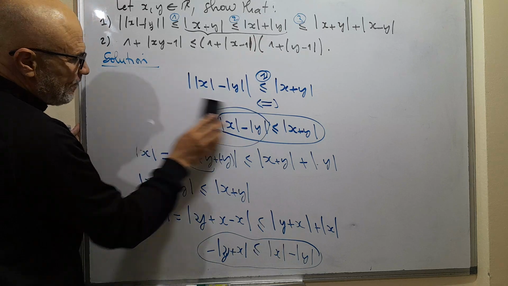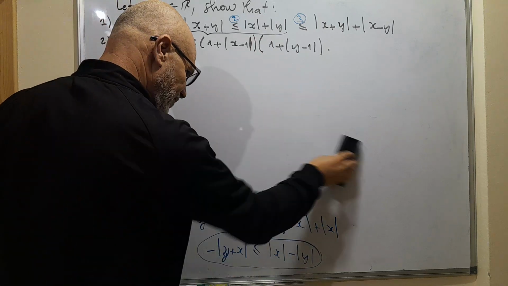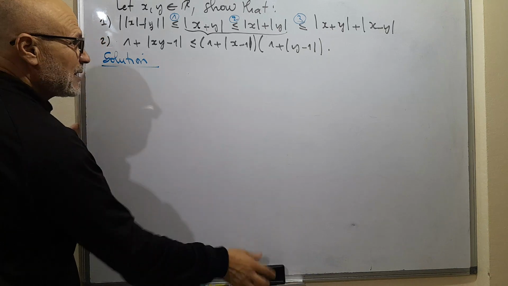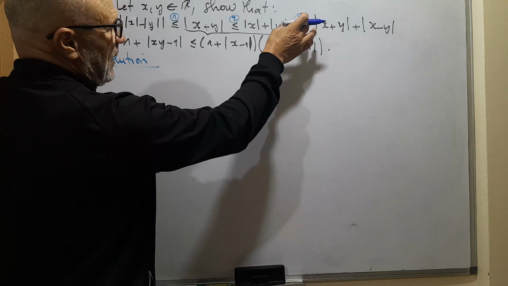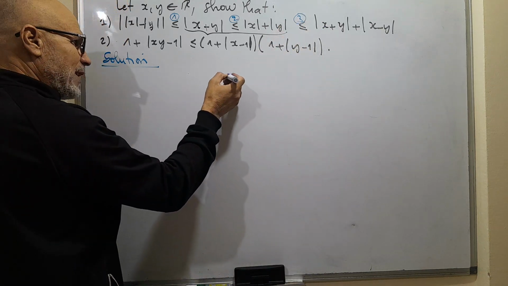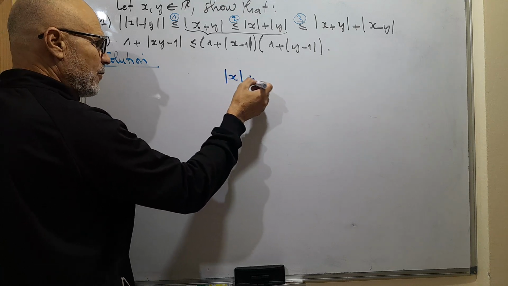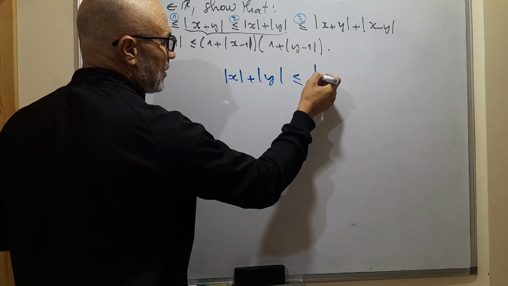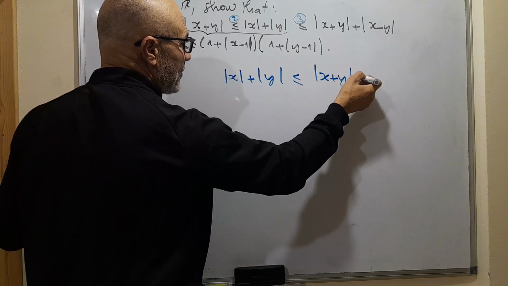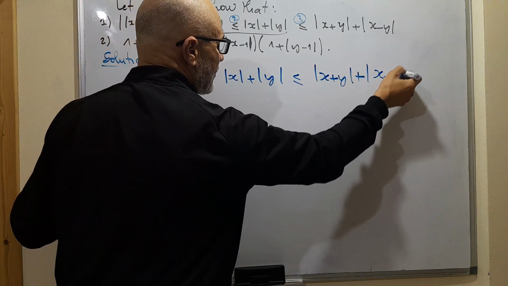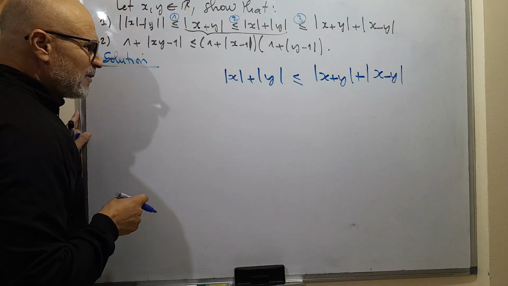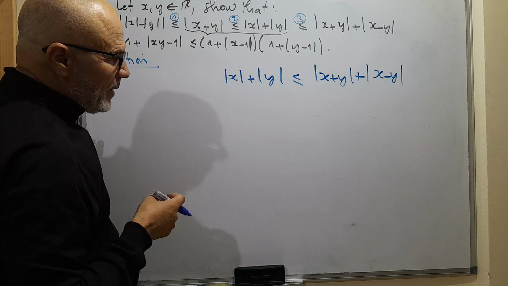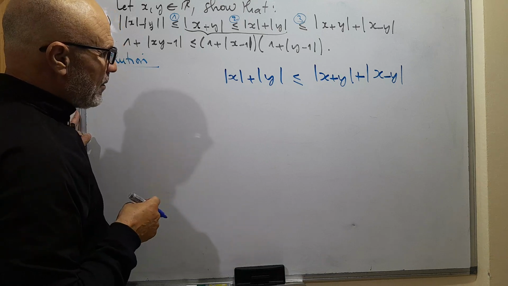The third one. Here we need to prove that the absolute value of x plus the absolute value of y is less than or equal to x plus y plus x minus y. This is more complicated, but just a bit, not a lot.